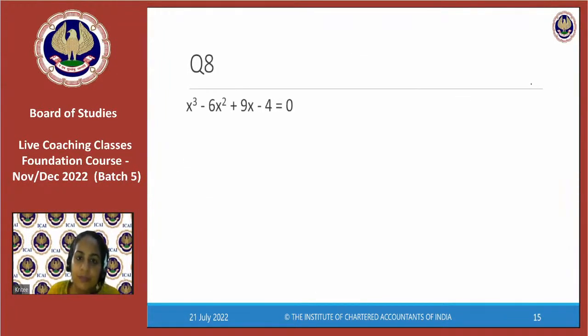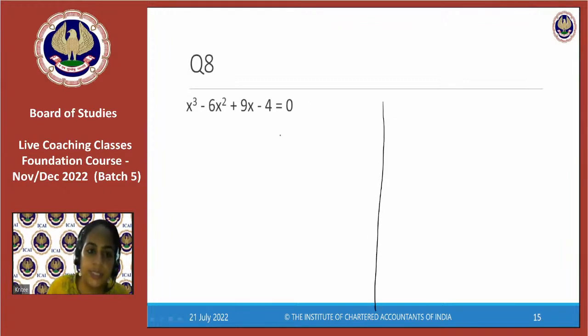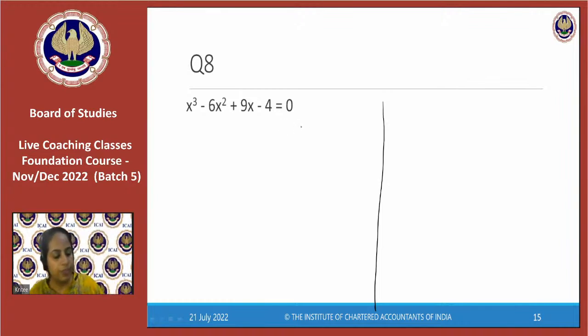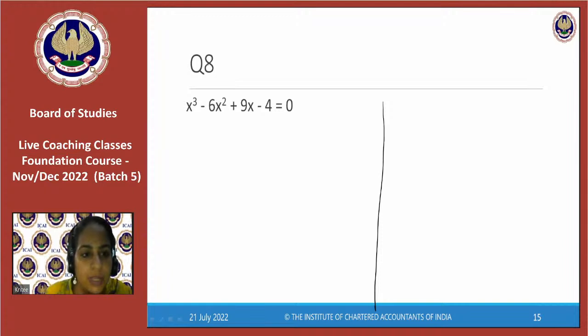Cubic. People were getting worried about the cubic equation. I'll tell you, there are two ways of doing a cubic equation. One is trial and error. The most used method is trial and error. In the paper, you might have options A, B, C, D. The best way of doing a cubic question is to put those values in the equation.